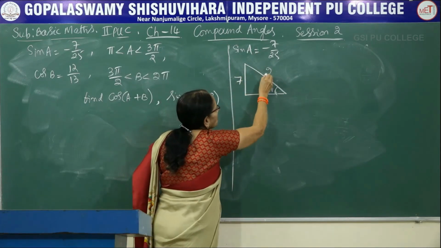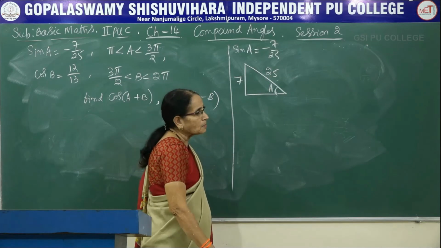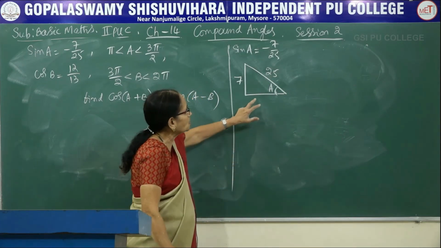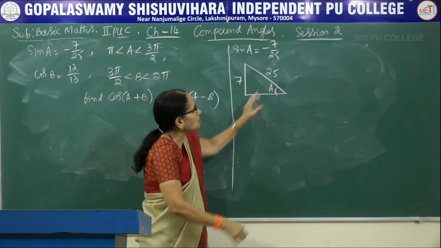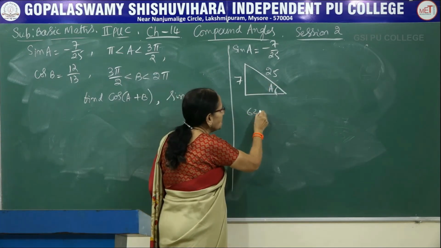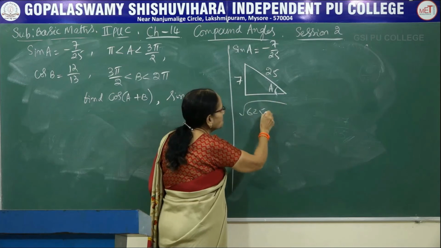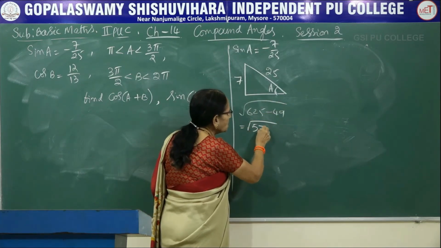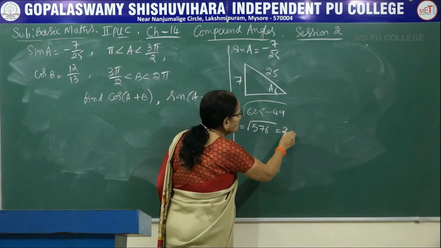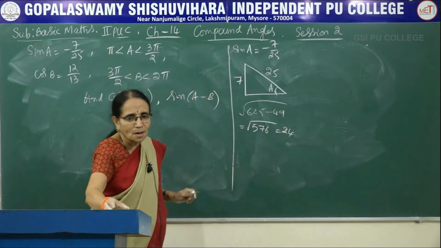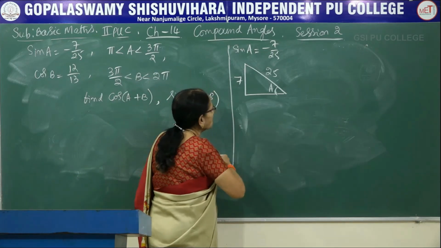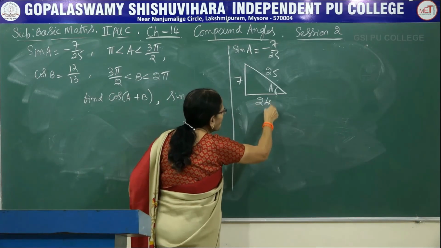Opposite 7, hypotenuse 25. To get the adjacent side, root of 25 square, that is 625, minus 7 square, 49, it becomes 576, that becomes 24. These are the usual standard values. So the adjacent side in this case becomes 24.